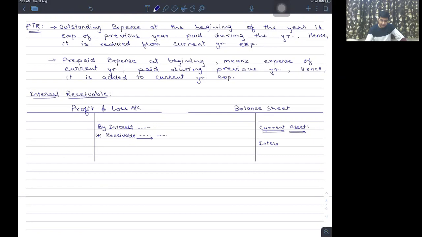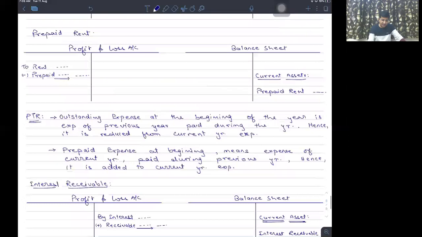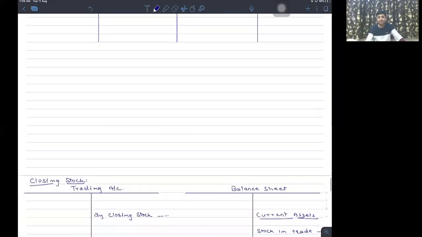Interest receivable. Am I right for all? I hope I'm going good for everyone. Still, if anyone has a question, can just raise it in the meantime.